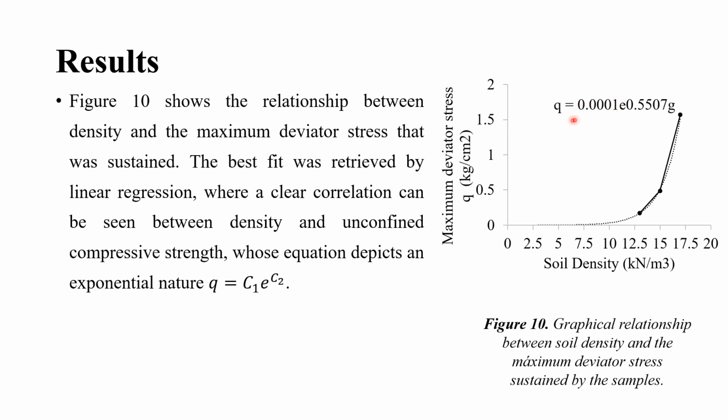This relationship needs two parameters in order to calibrate it. We have learned that 0.001 as the first constant of the non-linear relationship and 0.5507 as the other constant are the parameters that best fit the equation that we propose as the equation that represents the relationship between these two properties of the soil.